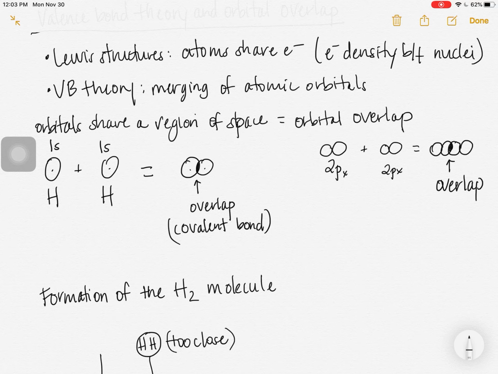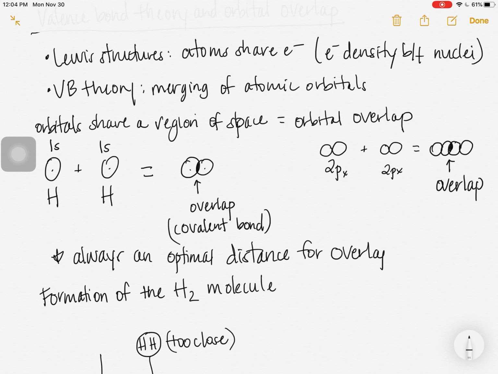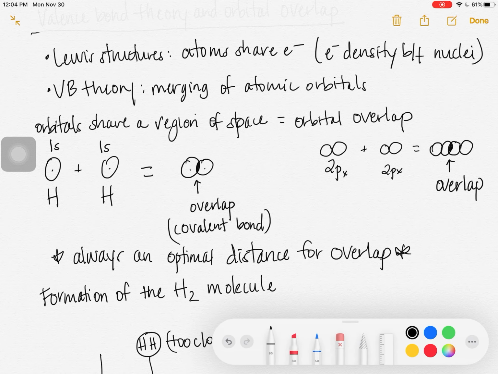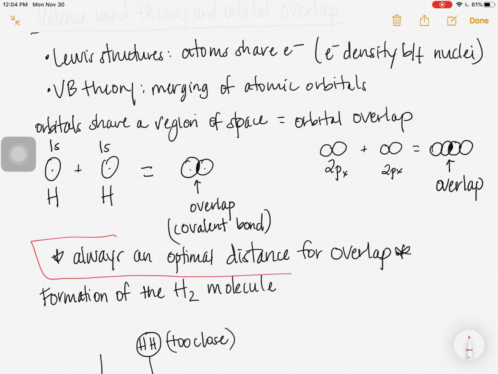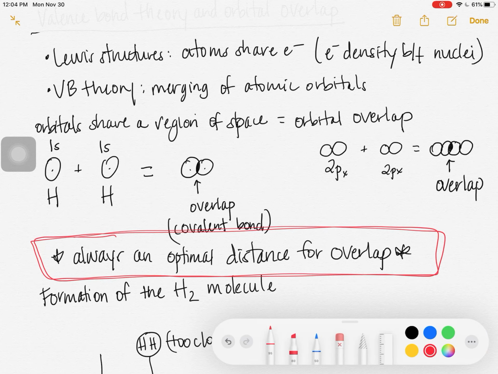Okay, so this idea of valence bond theory deals with overlap, and the big idea in this case is that there's always an optimal distance for overlap. Meaning there can be situations where the overlap is too much, situations where the overlap is too little, and situations where it's perfect.